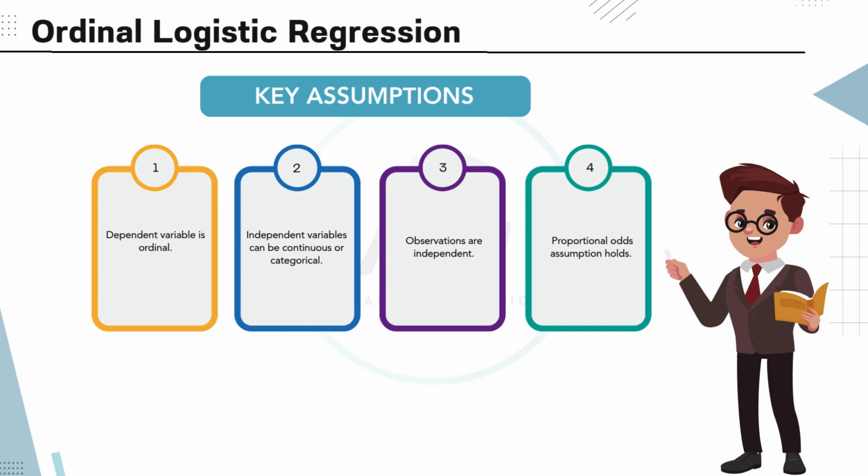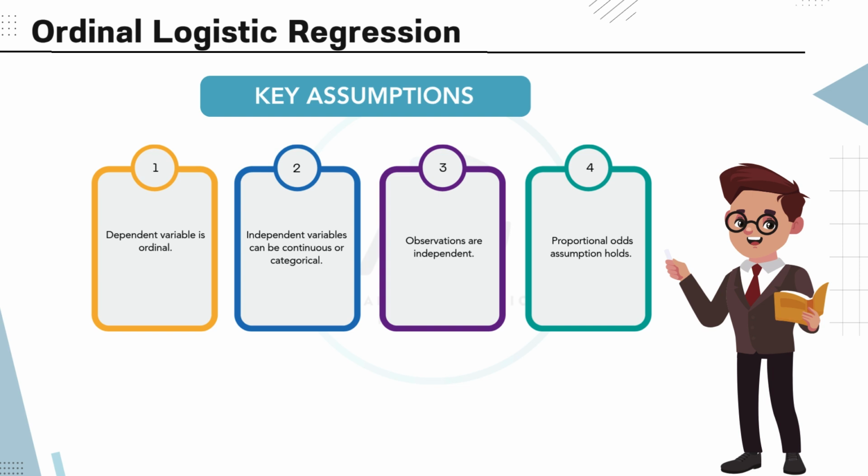1. Dependent variable is ordinal. This is the foundation of this model. The outcome variable must be ordinal, meaning it reflects a natural order, such as satisfaction ratings, low to high, or agreement levels, strongly disagree to strongly agree. However, these categories don't need to be evenly spaced. 2.